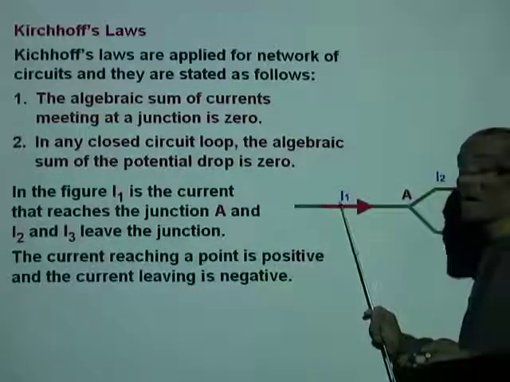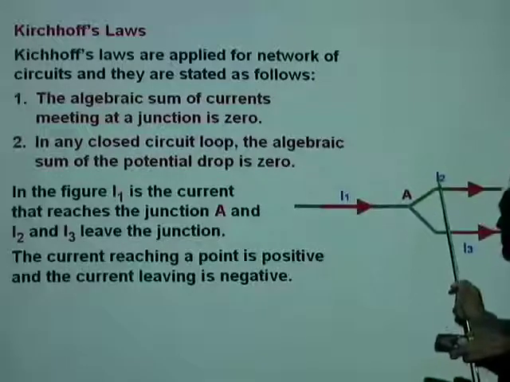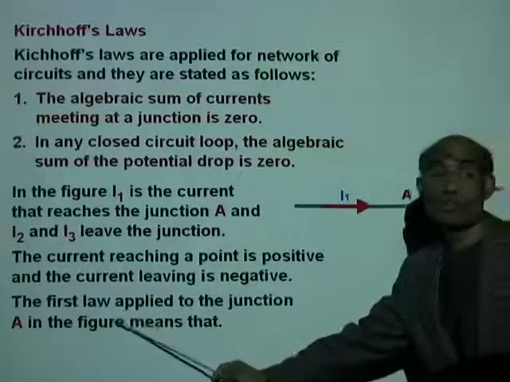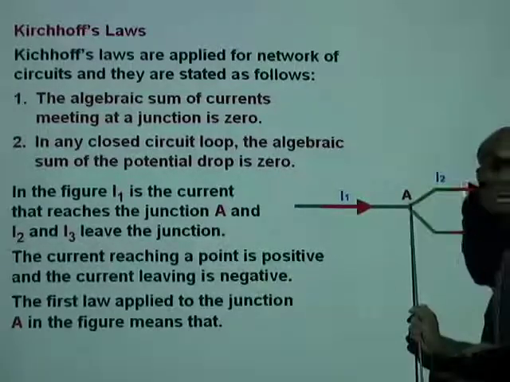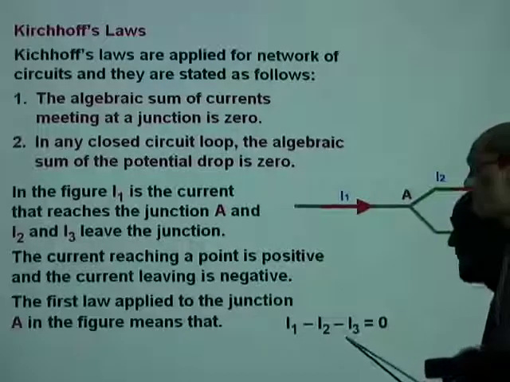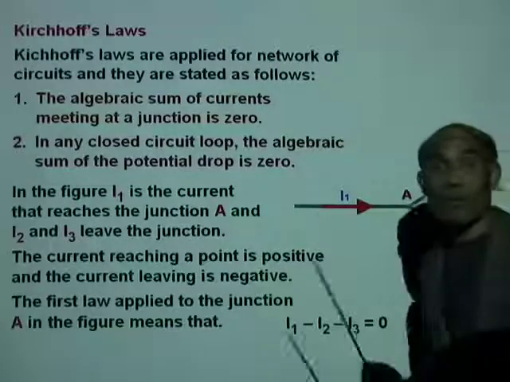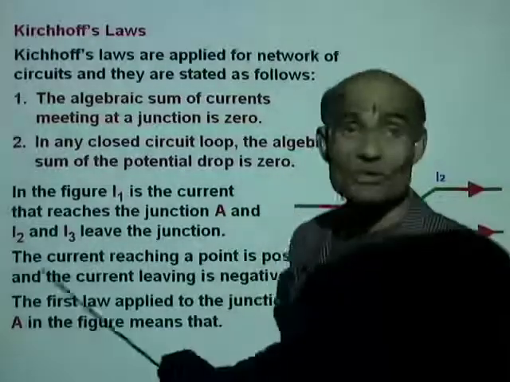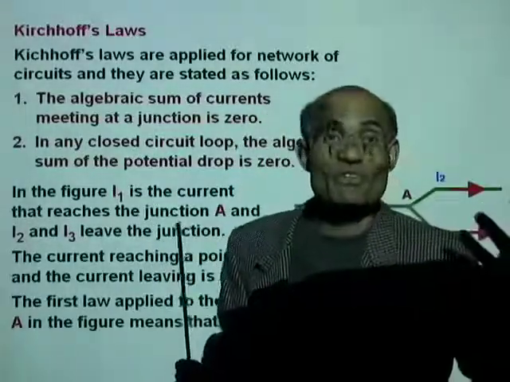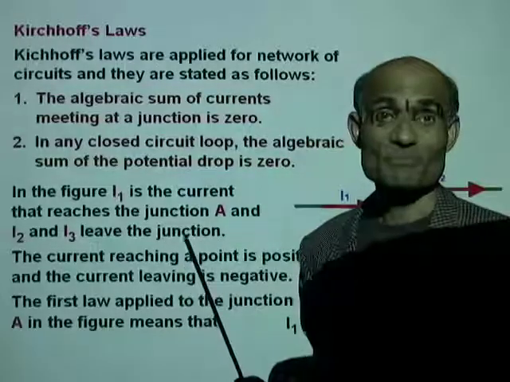So if I1 is positive, I2 and I3 are negative. Therefore, the first law applied to junction A will be I1 minus I2 minus I3 equal to 0. Well, we have one equation. Using these statements, we can form any number of equations and solve those equations for the unknowns.